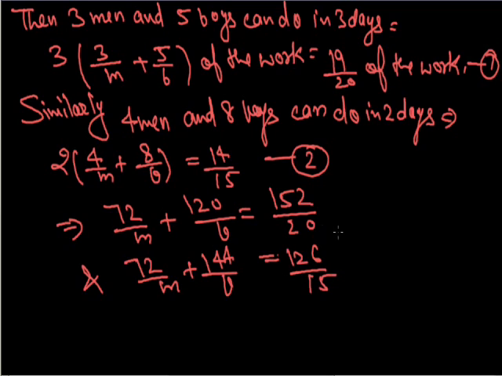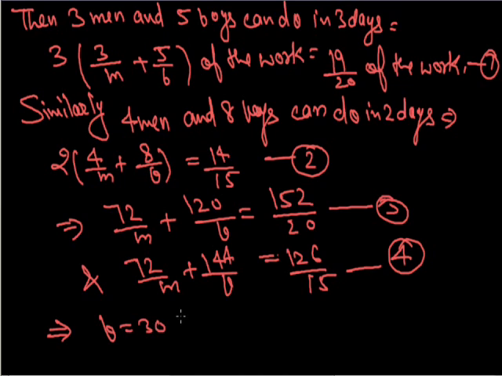By solving these two equations 3 and 4, we have B is equal to 30. So we can say that a boy takes 30 days to finish the whole work. That is our answer.